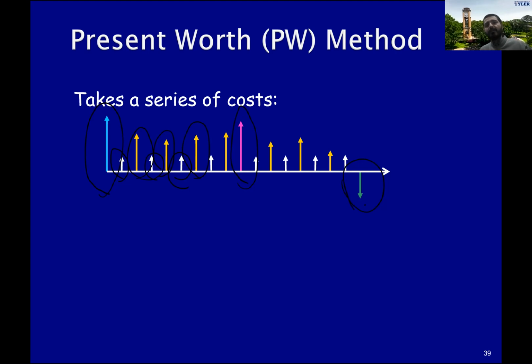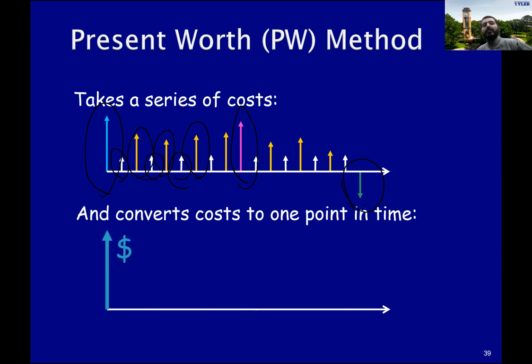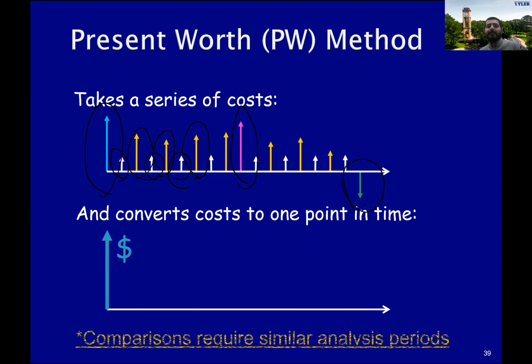What I'm doing now using the present worth method is bringing all of these into one number, as if I were to pay it today. How much would that cost? And then, of course, as I told you, the comparison requires similar analysis periods.